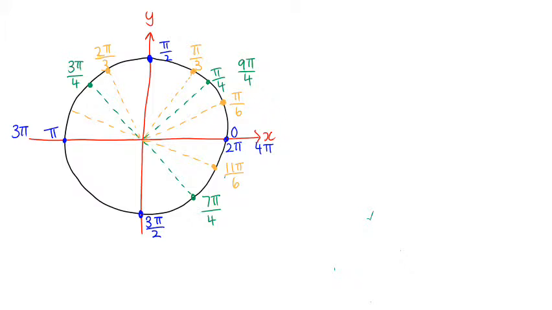Right? So every time you come back around to this point here, it starts all over again. And then they're equivalent. Okay? So, we see that 0, 2 pi, 4 pi, 6 pi.